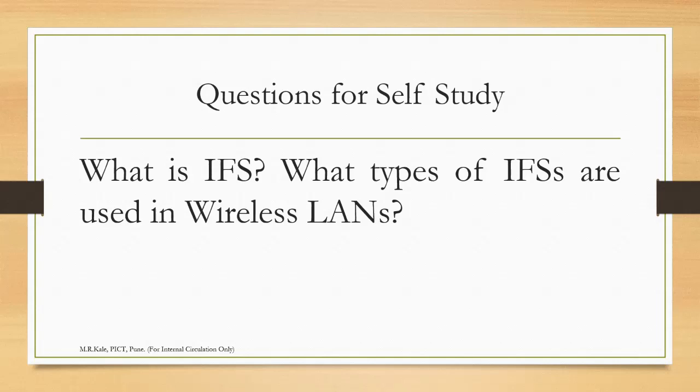So to avoid this, to achieve greater throughput, instead of using collision detection, wireless LANs use the collision avoidance technique. The collision avoidance technique will be learned in the wireless LAN topic in a few days' time, and by then you need to study what IFS, which is used in CSMA CA, is, and what the types of IFSs are.